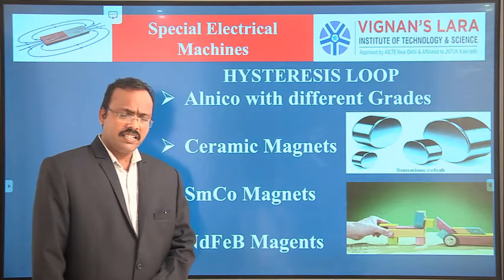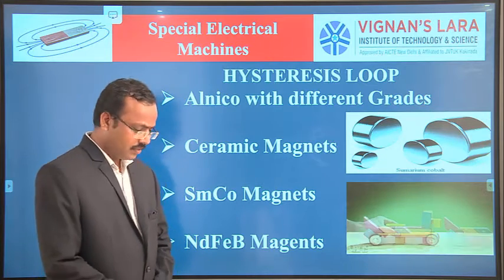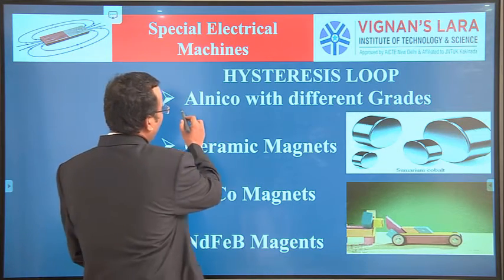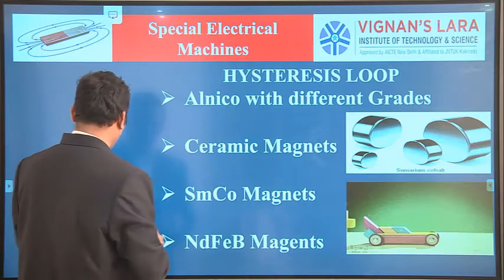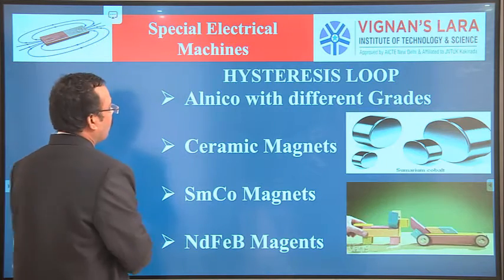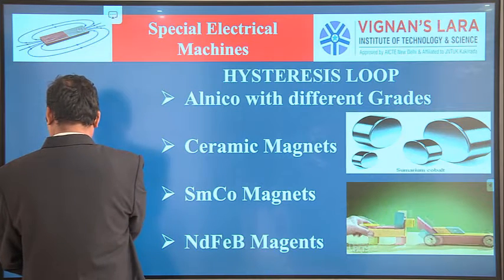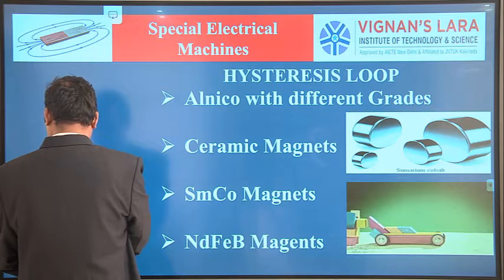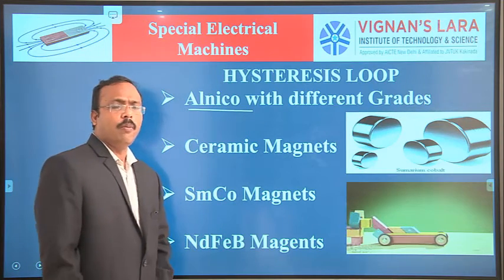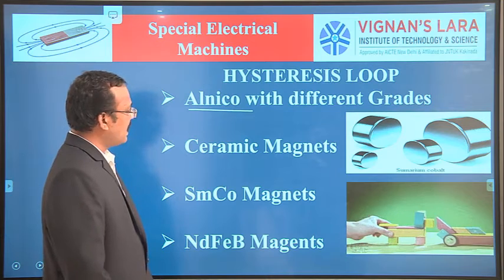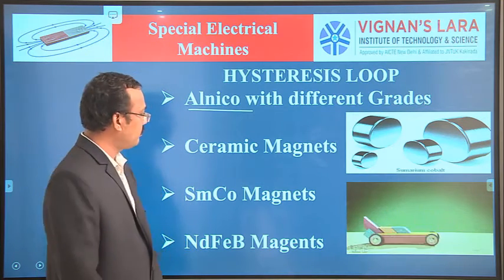We already discussed 4 types of magnetic materials. The first one is the all-nickel magnet, we know that very well. The second one is the ceramic magnet.